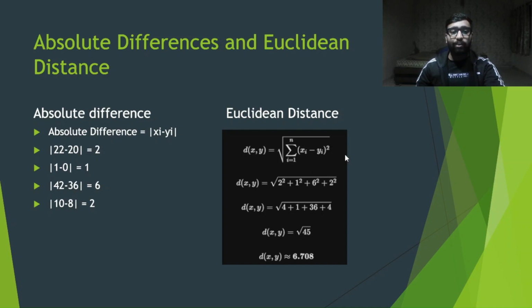Since it is a square value, we can very well put the absolute difference directly into the formula in place of xi minus yi and calculate the value. On substituting the values into the formula, we get the Euclidean distance as under root 45, which is somewhere around 6.708.